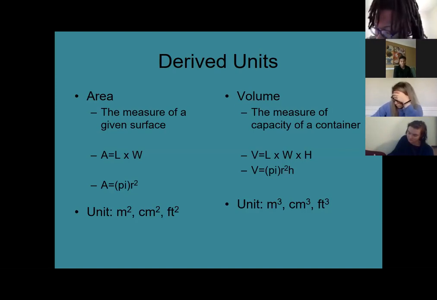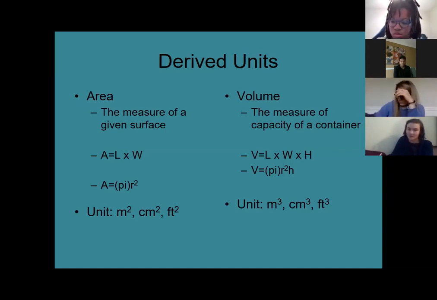The next derived unit is volume. And when you're talking about volume, you're talking about how much will a container hold? What's the capacity of a container? So now we're looking at 3 dimensions. To calculate the volume, we not only have to know the area, but we also have to know the height. So volume is length times width times the height, or if it is a cylinder, pi times the radius squared times the height.